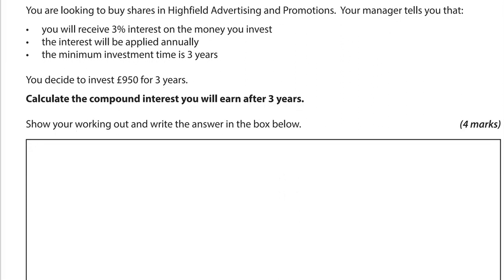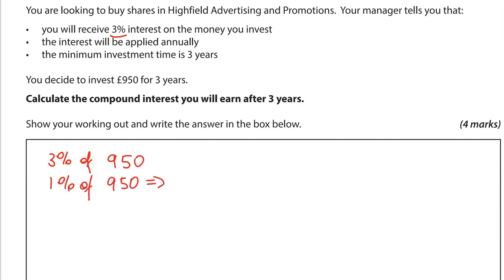So in the first year, the amount invested is £950, and the interest rate is 3%. So we're going to need to work out 3% of 950. What I'm going to do is work out 1% first.